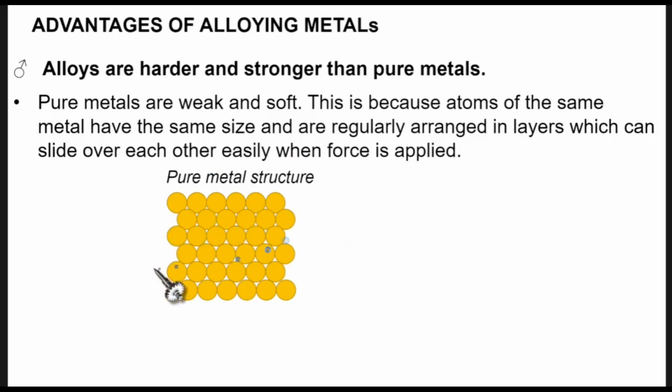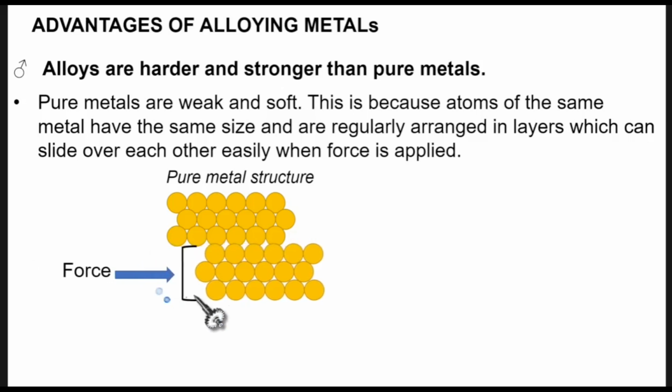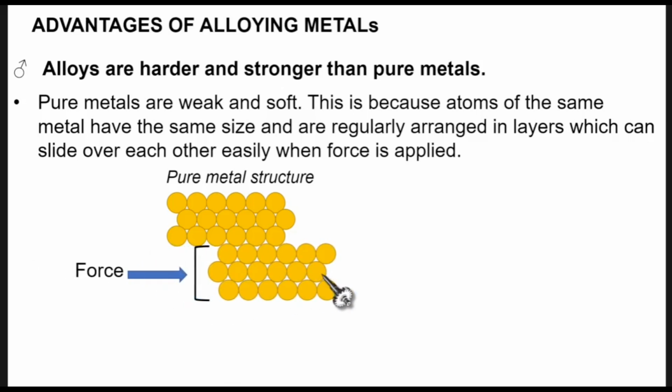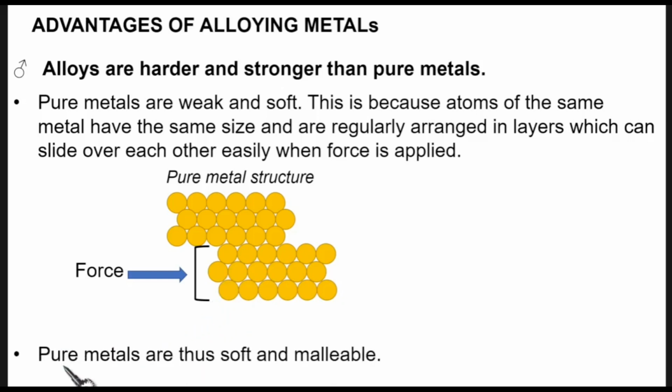When a force is applied, let's say on this layer here, this layer is going to slide like that. This is why pure metals are weak and soft compared to alloys. Pure metals are thus soft and malleable.